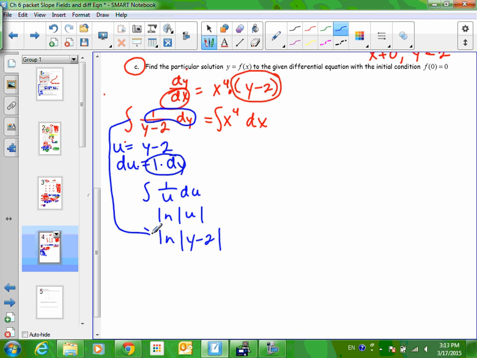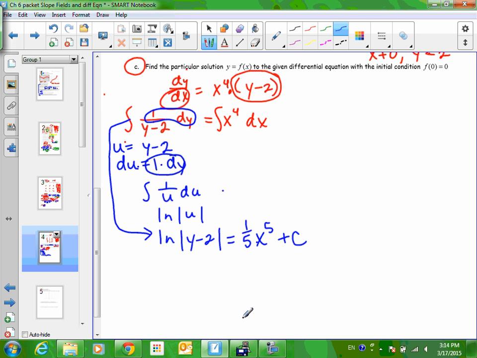The better you get at this, the less work you have to do. That's all I'm going to say. You do use substitution or don't, but you've got to get natural log of y minus 2. Okay, the right side is considerably easier. All right, on the right side, we need to add 1 to the power and put the reciprocal in front. And of course, we need our plus c.